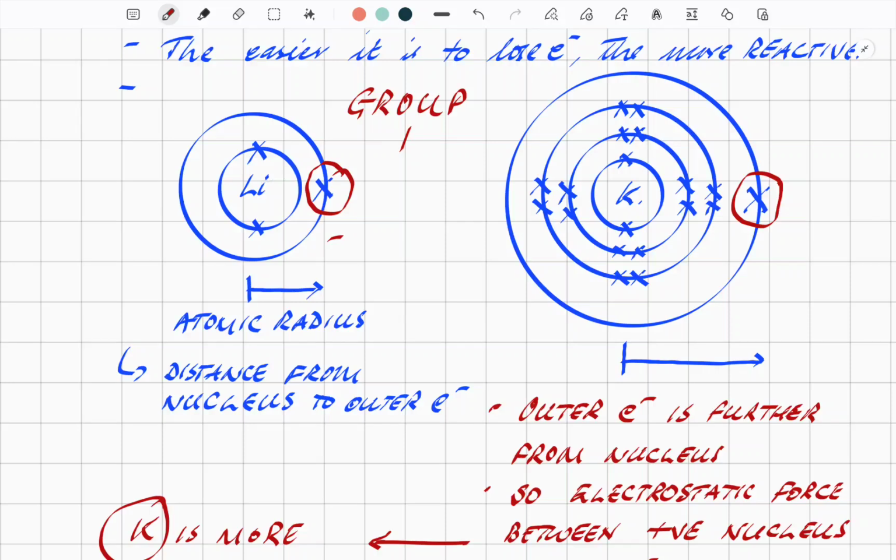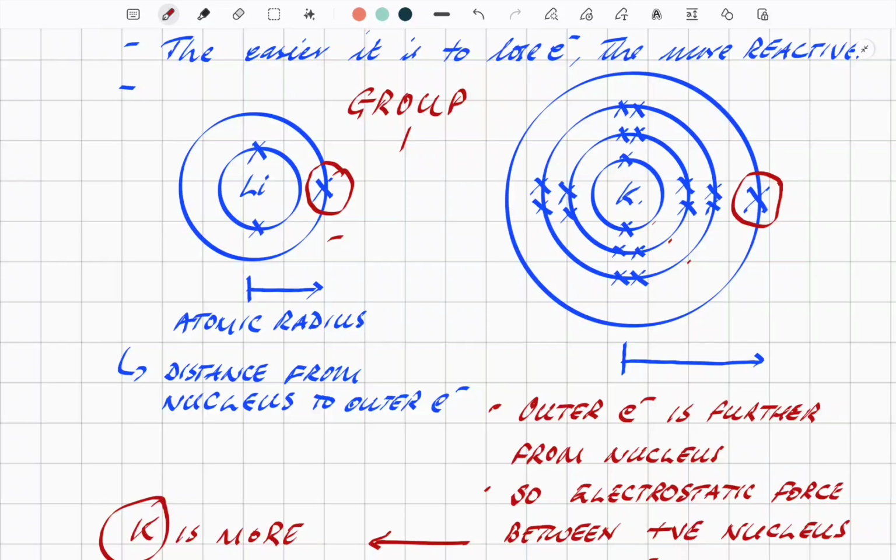There's only the two in the inner shell. In potassium, you've got 8 in that inner shell, and then another 8 in that second shell, and then the 2 original in the inner. So you've got many, many more electrons between the outer one and the nucleus.